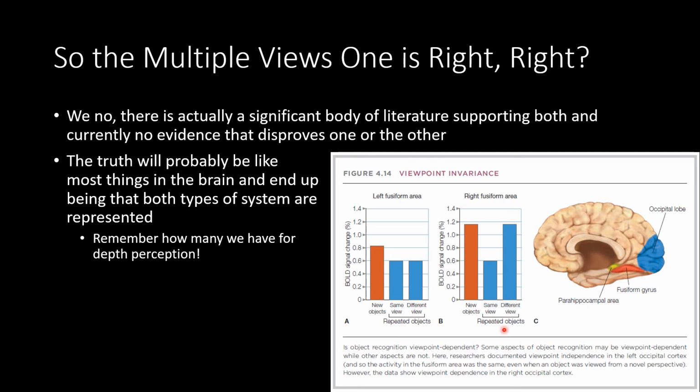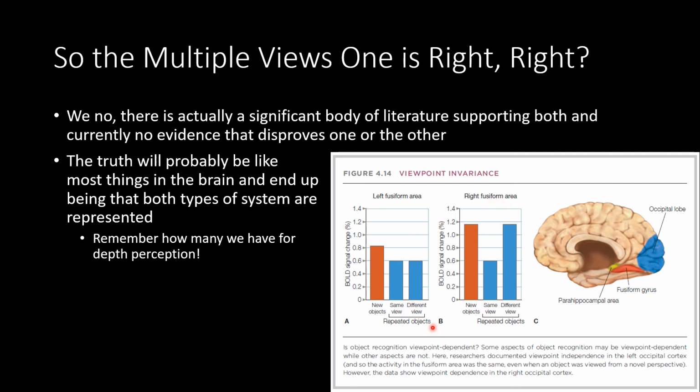Here we're looking at fMRI data of activation in different regions of the brain, specifically the fusiform area, which is oftentimes implicated in the recognition of complex stimuli, and we'll talk about it some more in the next part of this lecture when we talk about faces. Here's the left fusiform area, so in the left hemisphere, and then the equivalent in the right hemisphere, the right fusiform.